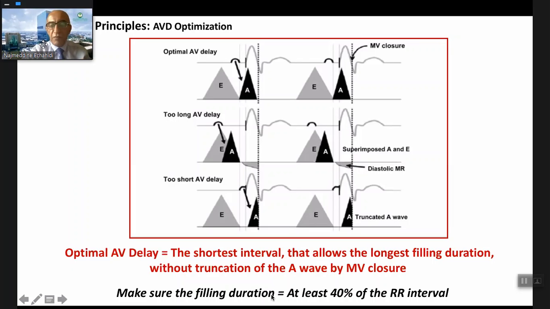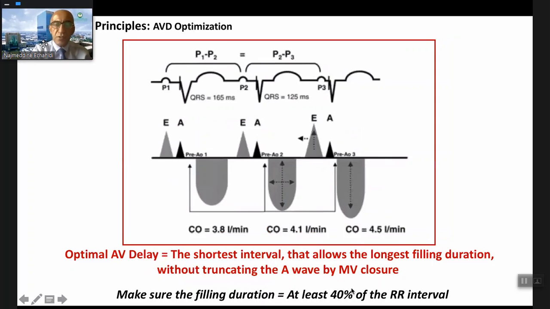If you want to know if your diastolic filling duration is optimal, you just have to measure from the start of the E wave to the end of the A wave and report it to the RR interval, and this should be at least 40%.